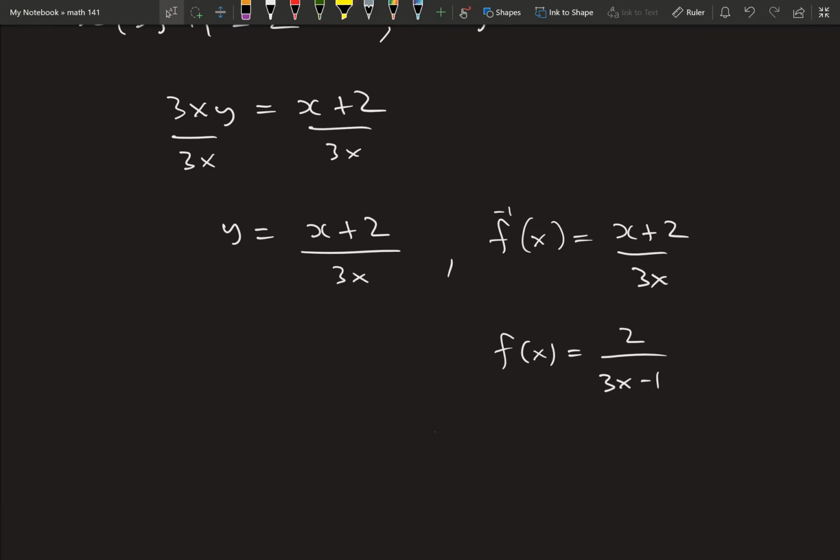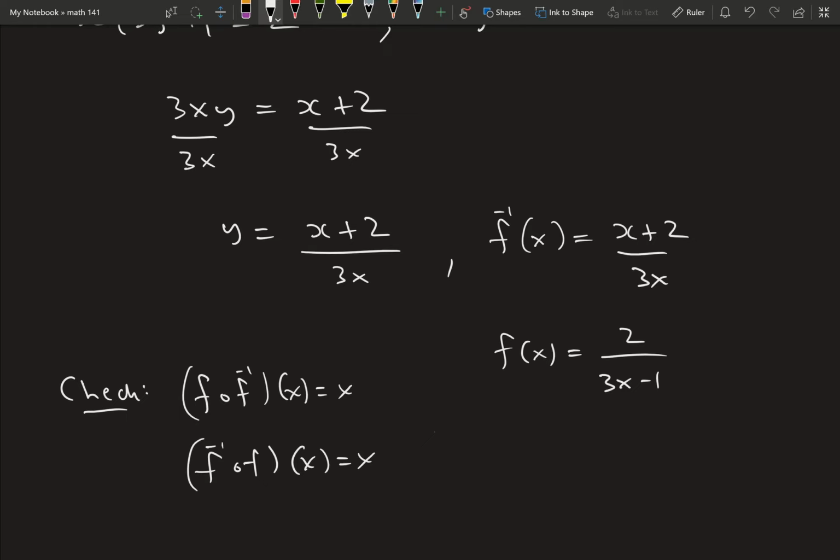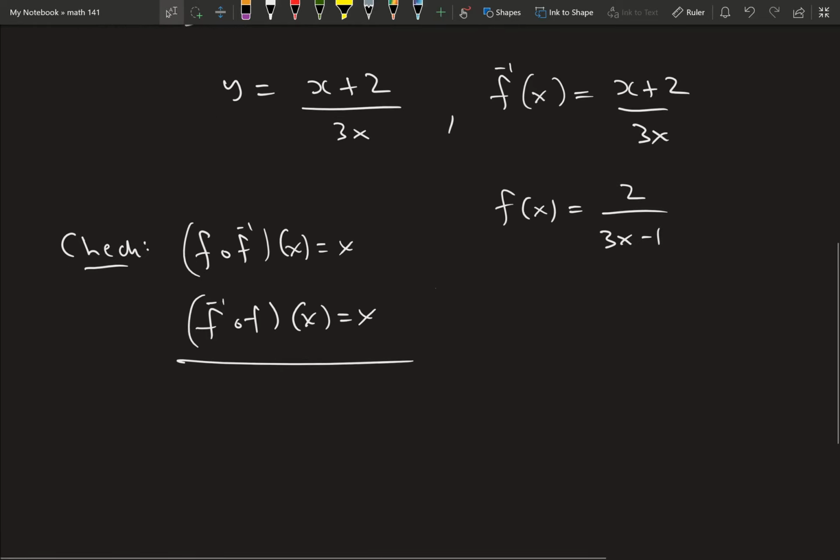And what we want to do is we want to check that f composed with f inverse of x is x, and f inverse composed with f of x is equal to x. So this is what we want to check.